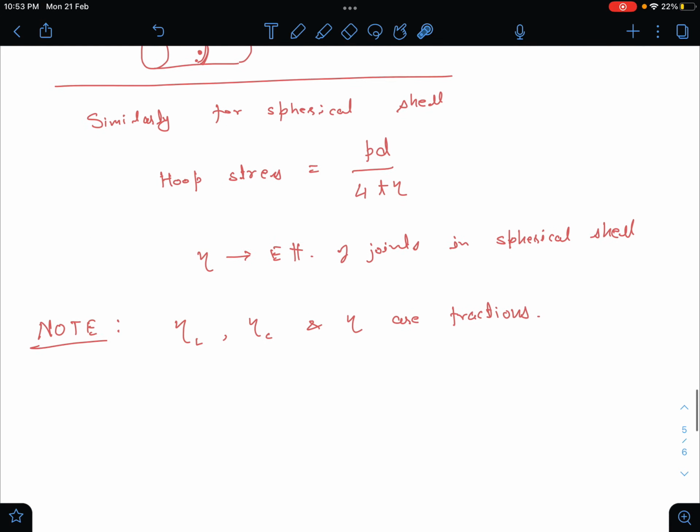So here you have to note down that this eta L, eta C and eta, which are the efficiency of longitudinal joint, efficiency of circumferential joint and efficiency of joints in spherical shell, these are fractions, these are values less than 1, then only they will make it bigger.